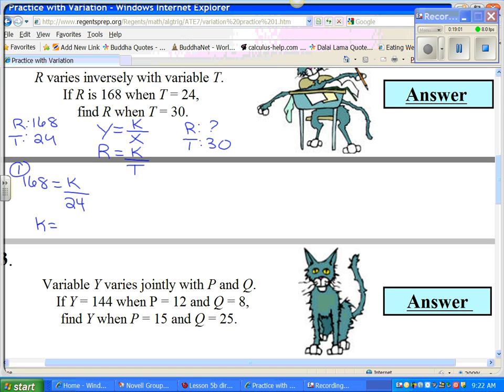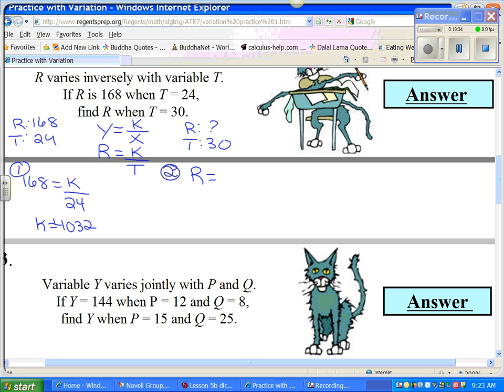How do I find k? Yeah, cross multiply. And what do we get? 4032. Good. We okay with that? Okay, step two. Do I know r?